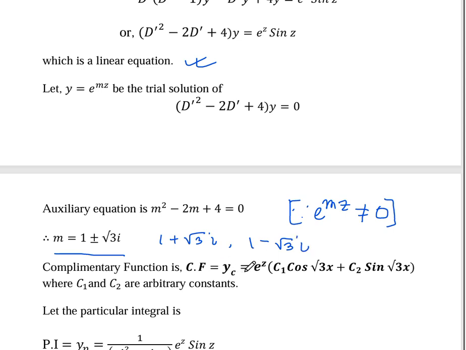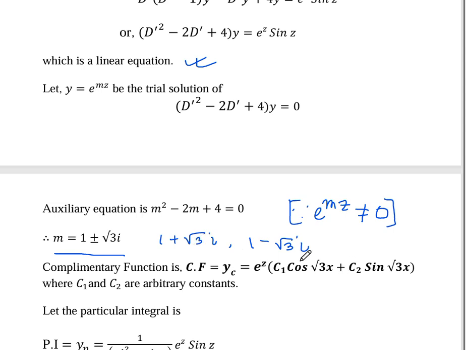So the formula is case 3, which we have already done: y is equal to e to the power alpha z. What is the value of alpha? Alpha is 1, so directly we write e to the power z. C1 cos beta x, what is the value of beta?